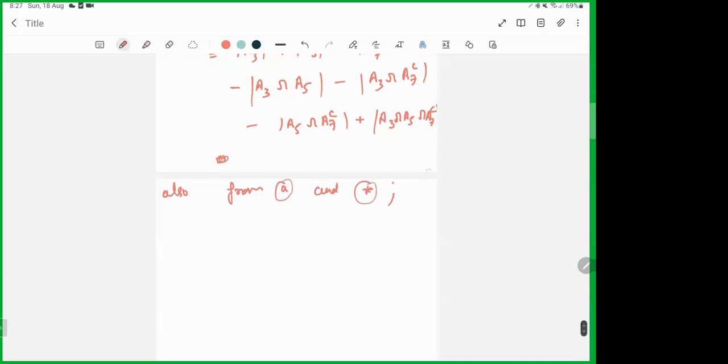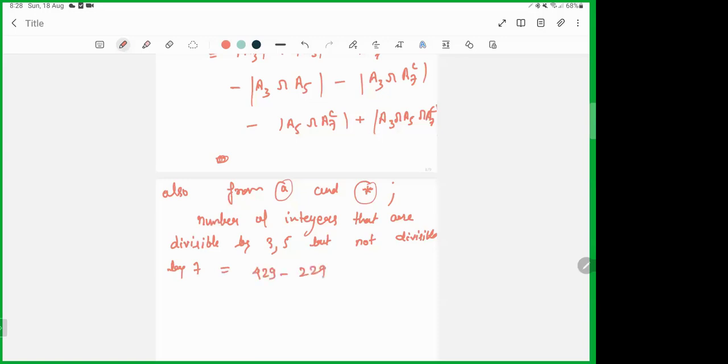But the number of integers that are divisible by 3, 5, but not divisible by 7 is the first part minus this second part computation, right? So that is 429 minus 229, that is 200.